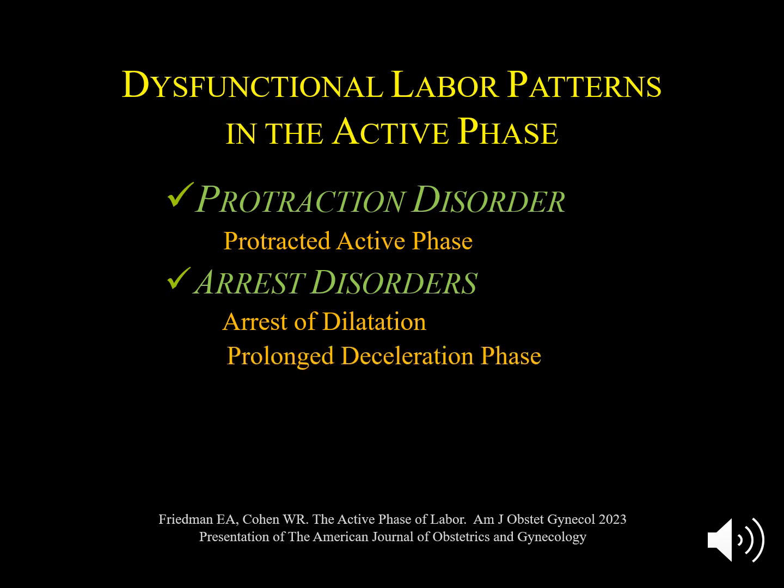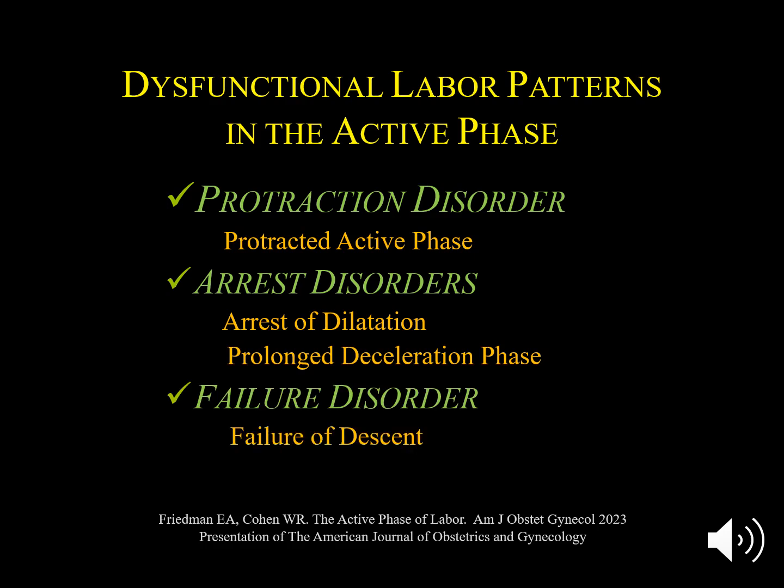A prolonged deceleration phase is verified when the time to advance from about 8 centimeters to full dilatation exceeds 3 hours in a nullipara or 1 hour in a multipara. In addition, a failure of descent may sometimes be recognized in the terminal portion of the active phase when descent has not begun by the time the deceleration phase is underway.